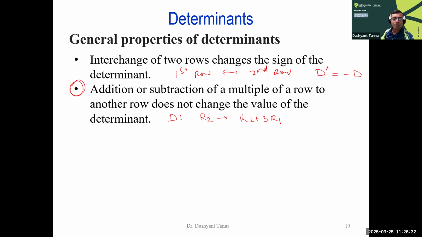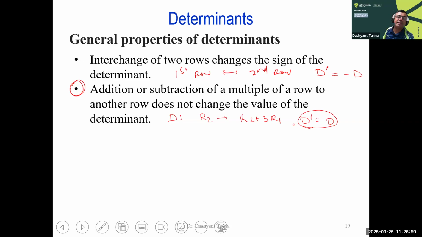I'll explain using the example in the next slide, but if you do that, the value D dash still remains the same. It does not alter the value. It's a phenomenal property. We'll use it many times.